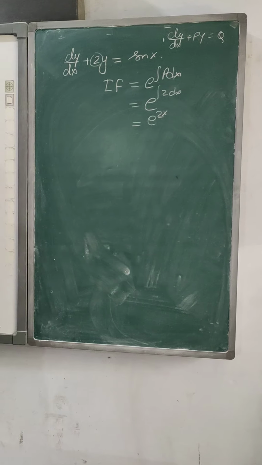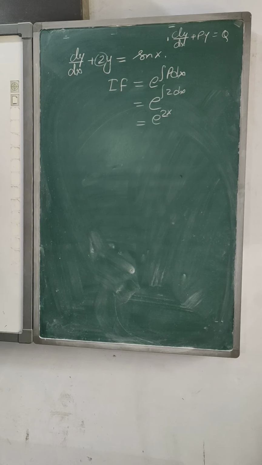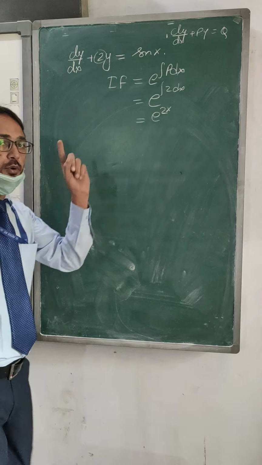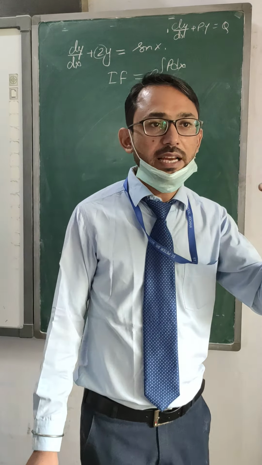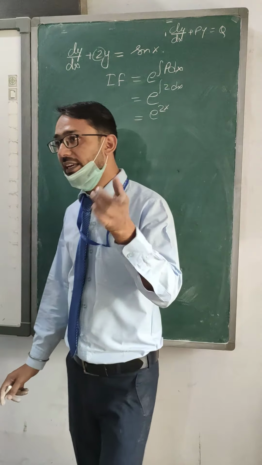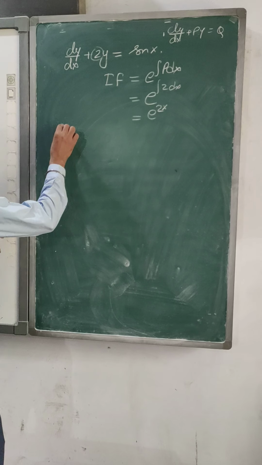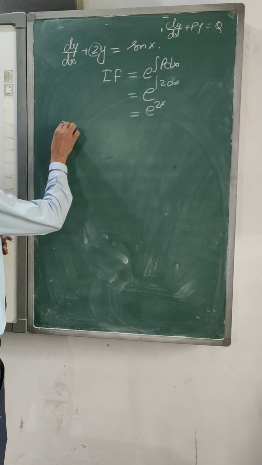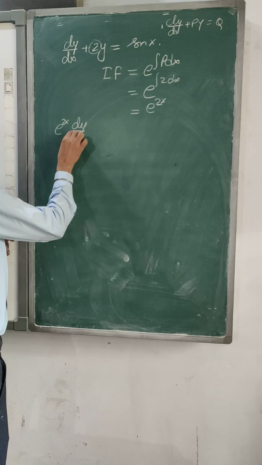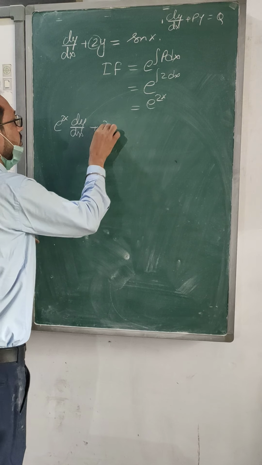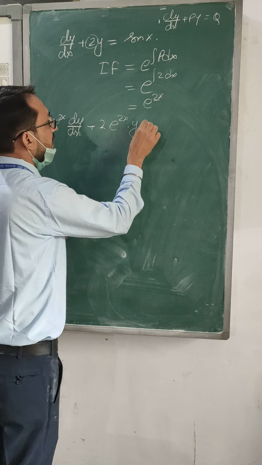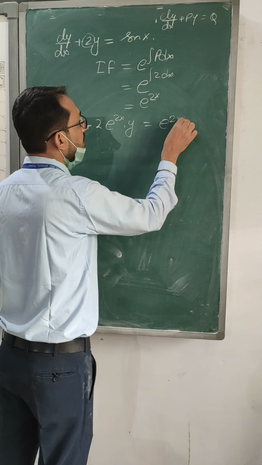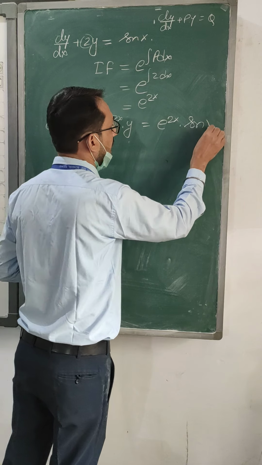This is the integrating factor. Now the next step is to multiply both sides of the differential equation by the IF. That is e to the power 2x dy on dx plus 2 into e to the power 2x into y is equal to e to the power 2x into sin x.